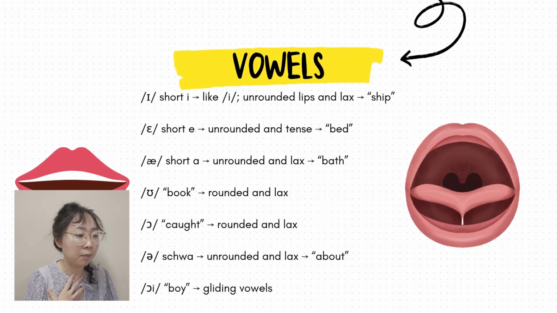Next one is aw. The tongue placement is slightly lower than the previous sound. The lips are rounded and more lax. Aw, as in caught. I do want to note that in some dialects of English, they make the aw sound as the ah.